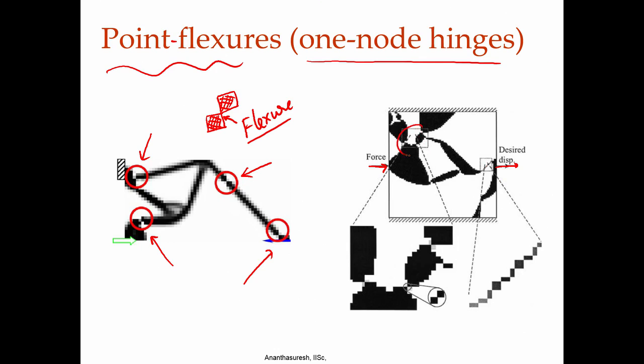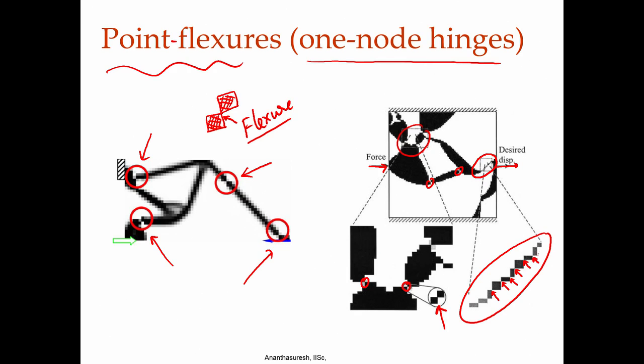If we zoom in on this portion which is shown here, we get 2 of these solid elements connected diagonally at a corner, and that corner is our point flexure, where it is urging us to put a hinge, put a hinge. That is what we are getting. Or if you take a portion which seems to be somewhat distributed like that, if we enlarge it, which is this one, again we have these point flexures everywhere.